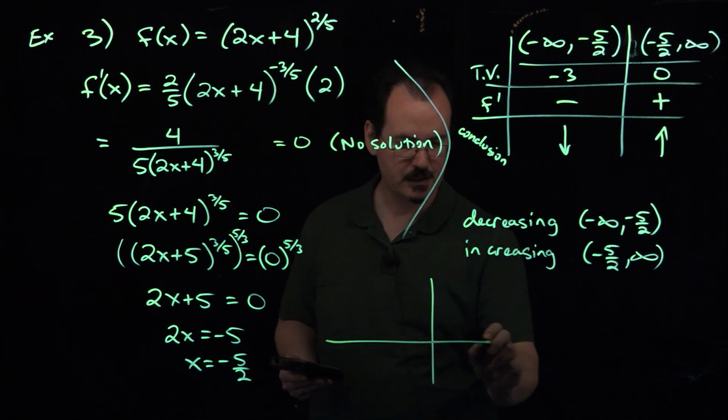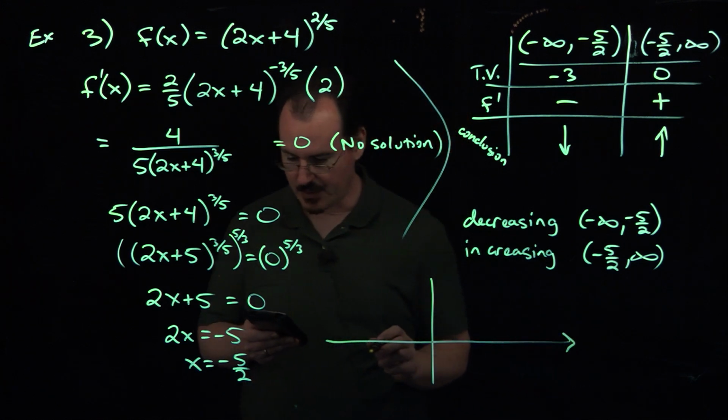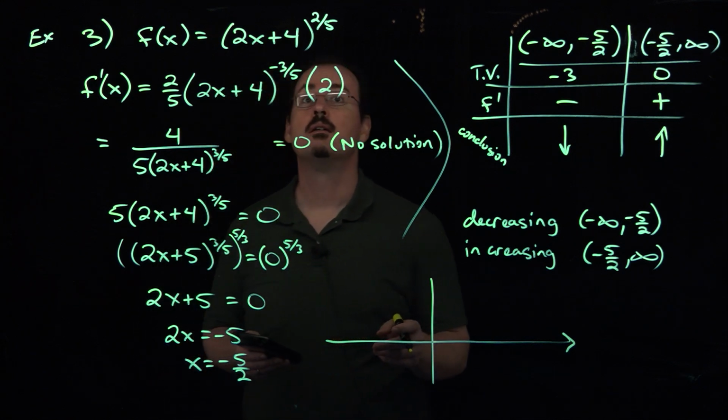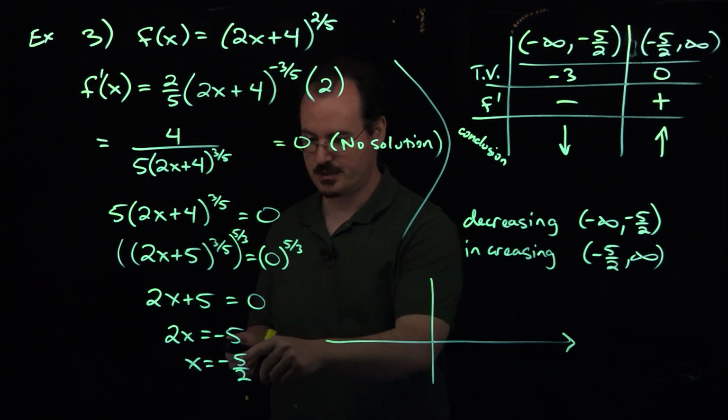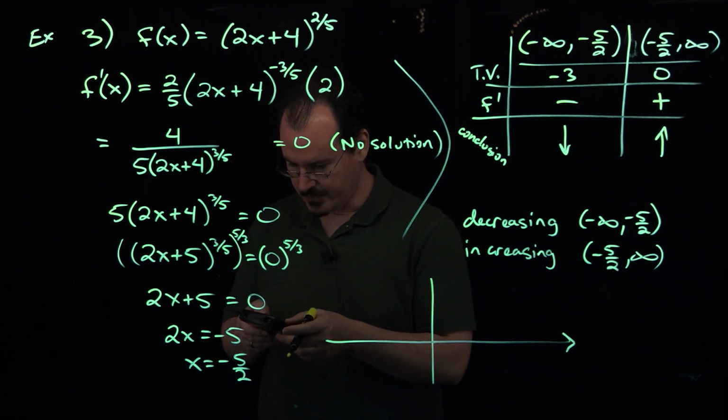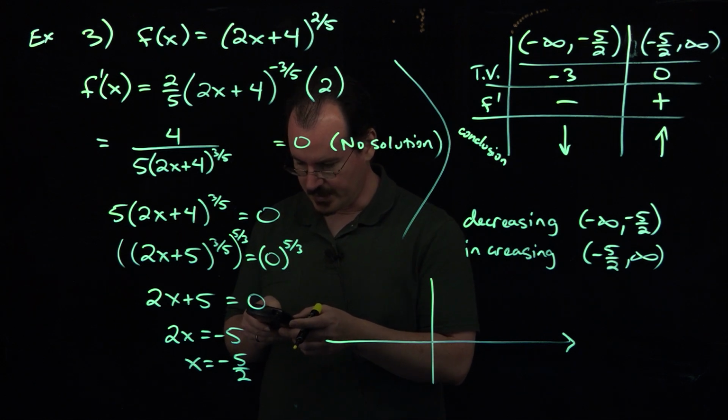Remember, something has to be happening at that minus 5 over 2 there. What the heck? I think I have this wrong here. Hold on 1 second. Let me just see about my function.